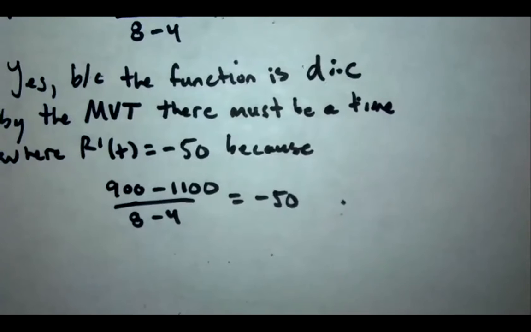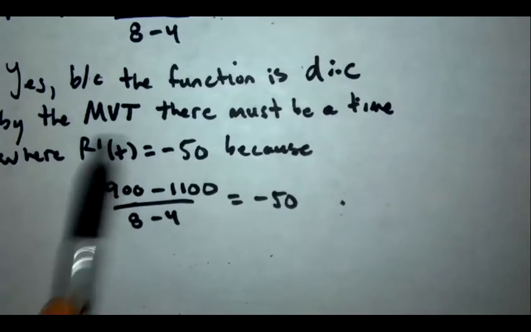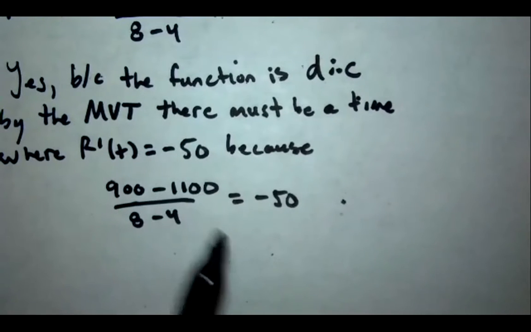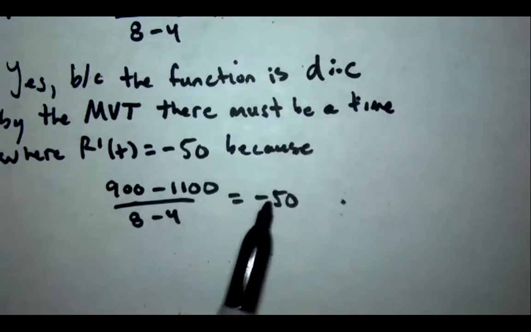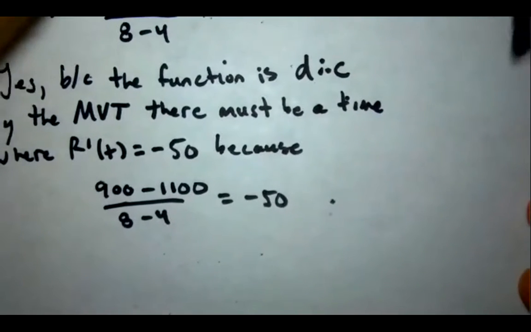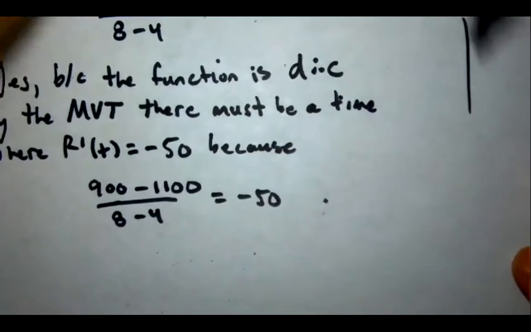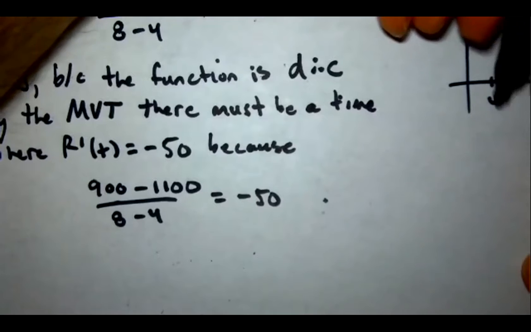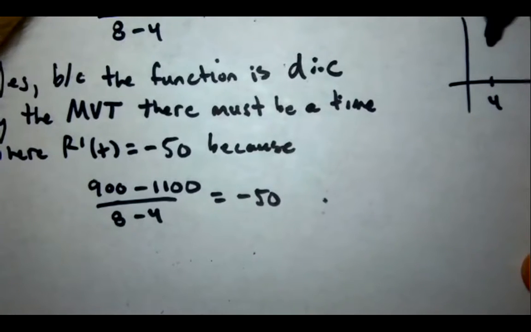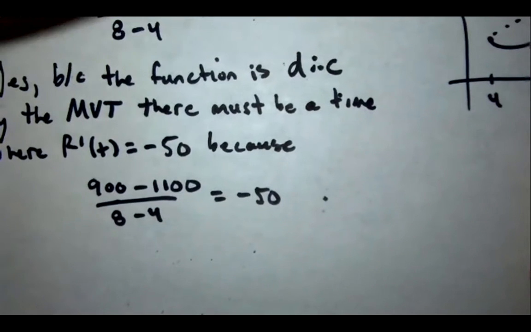So, is there a time where the tangent slope is negative 50? Well, we already showed the average slope was negative 50. In part A, if you think about it, you don't need to show this, but just for your own understanding, in part A, we went from 4 to 8, and we figured out that that slope was negative 50.